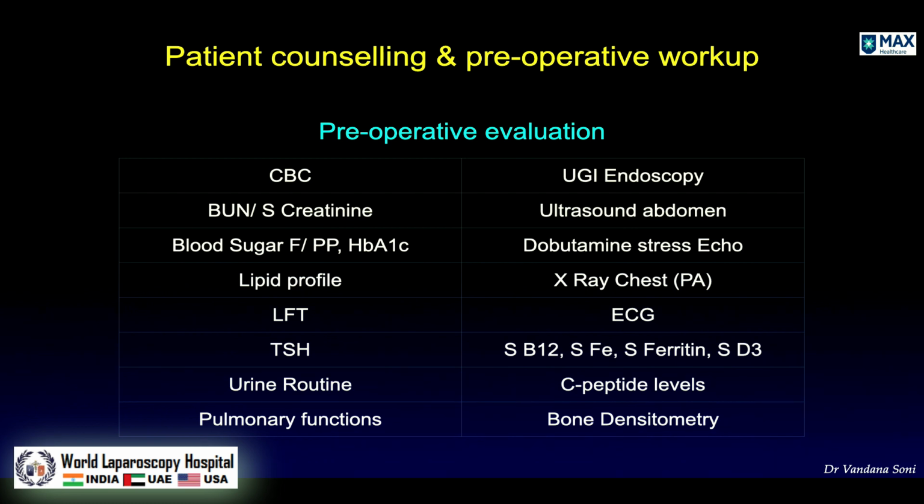Apart from that, of course, the functional status of the patient needs to be evaluated, especially from the point of view of cardiorespiratory reserves. These patients are very high-risk patients, and often the higher the BMI, these patients will require preoperative optimization. So all these investigations are done not only to evaluate the functional status of the patient, but also to determine their nutritional status.